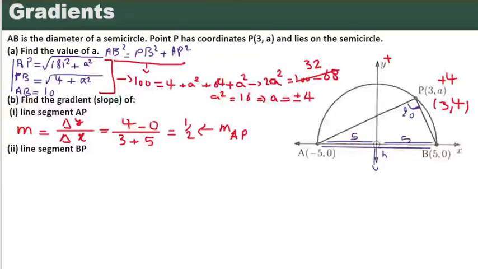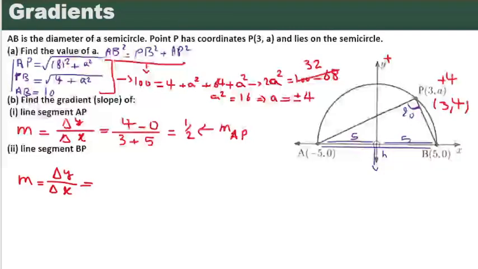Now I will go for part 2. Part 2 says line segment BP. Here I am going to find the gradient of this line segment. So I write m equals, again, change in y over change in x.